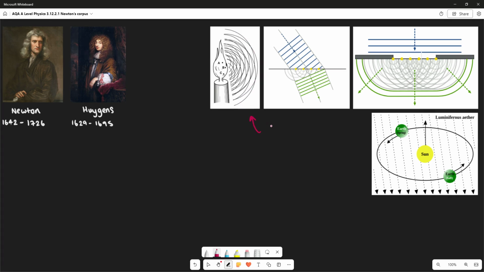Huygens used these ideas to explain refraction. Now, when a wave refracts, it approaches an interface where it's going to experience a speed change. Now, in this example, it's going to slow down, and so it's going to bend towards the normal. Huygens explained this by telling us about the behavior of the wavefronts.